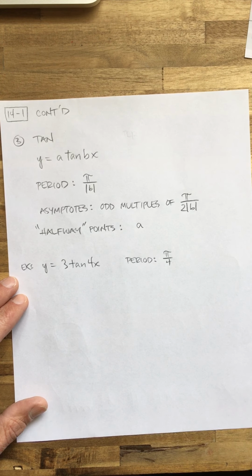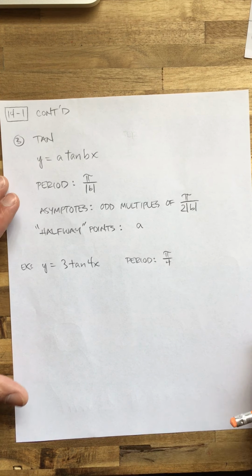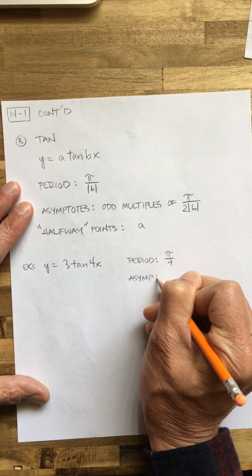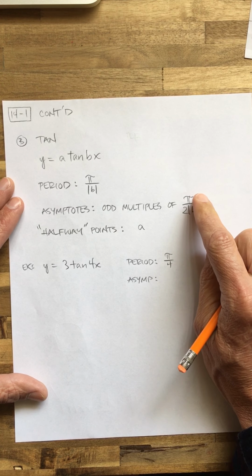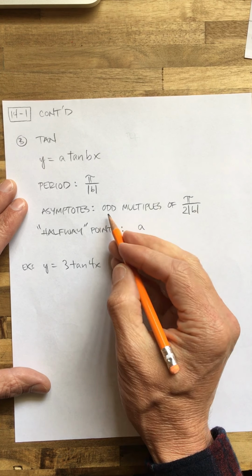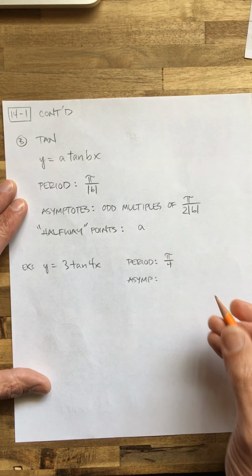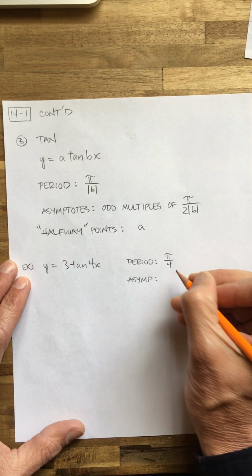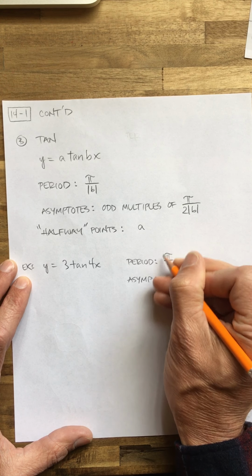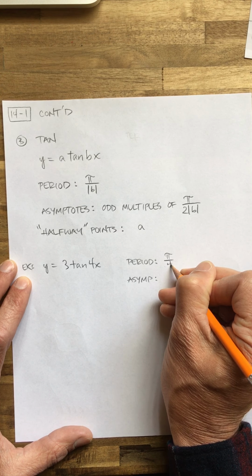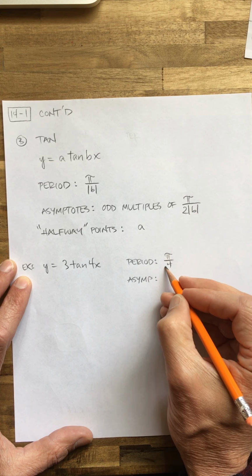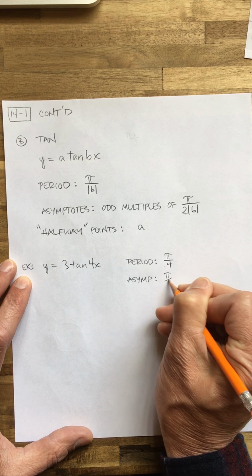Just think about that, okay? We also know that my asymptotes are going to be odd multiples of pi divided by 2b. So the first asymptote is going to be pi over 2 times 4. 4 times 2 is 8, so my first asymptote is pi over 8, okay?